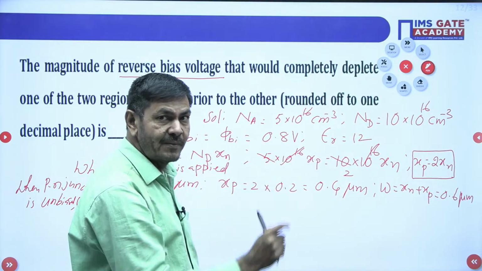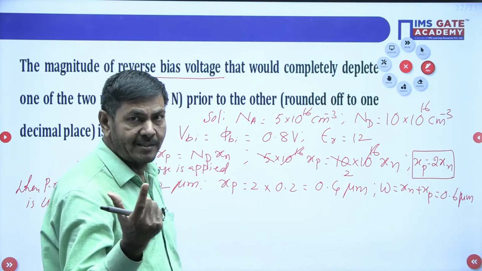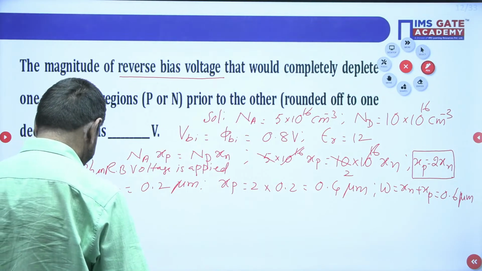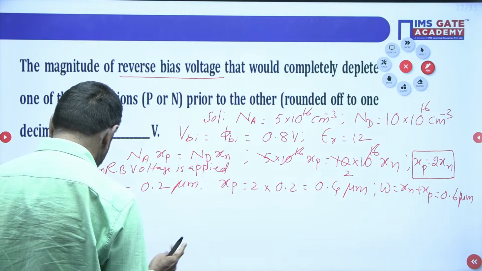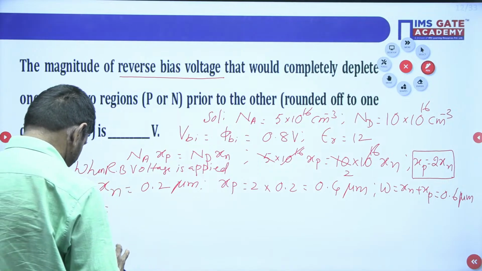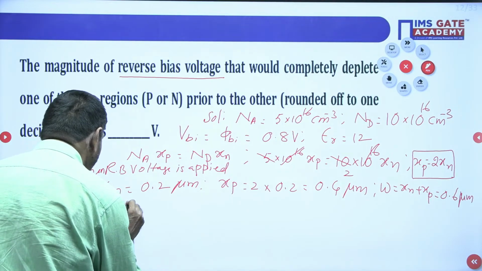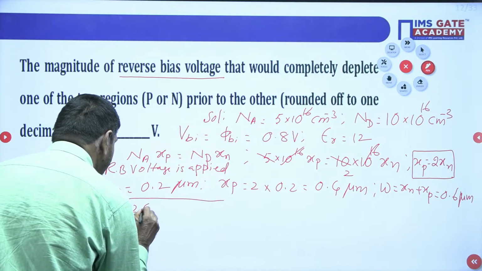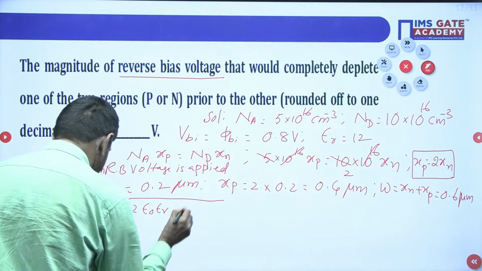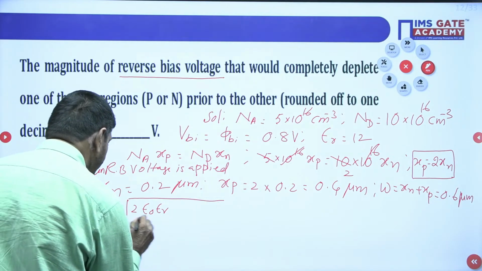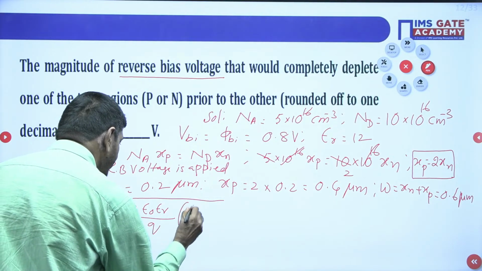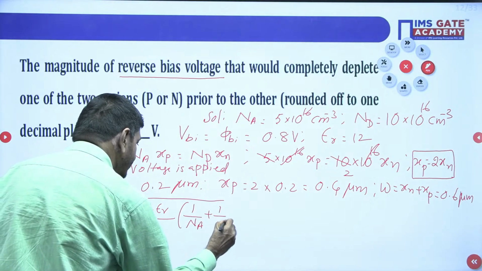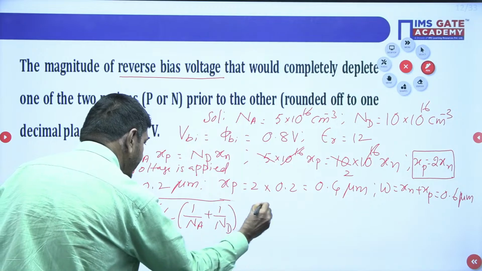For unbiased, we know the formula in the PN junction diode. What is the formula for unbiased? Under root of 2 into epsilon naught epsilon r, divided by Q, into 1 by Na plus 1 by Nd, into VBI.